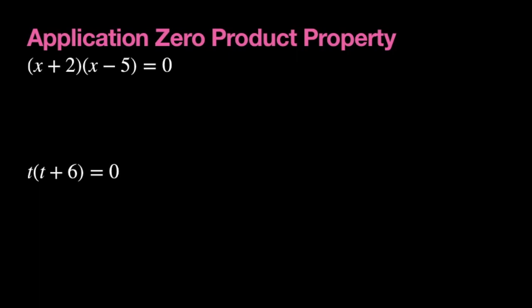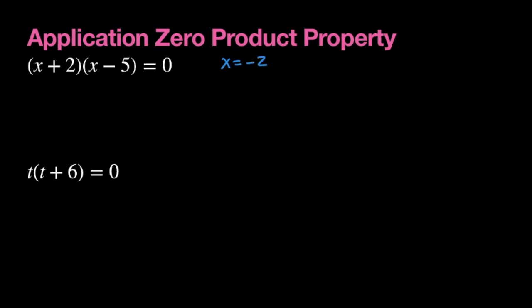So we know that based on the property, if the first term is 0, then the whole thing is going to be 0. Or if the second term is 0, the whole thing is going to be 0. So we're going to put that x is equal to -2.